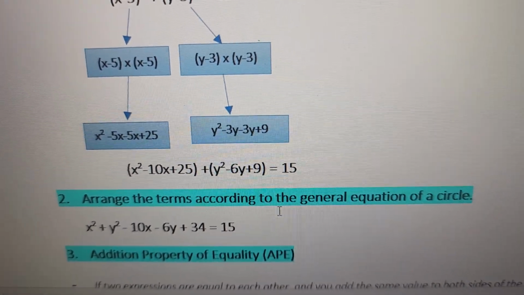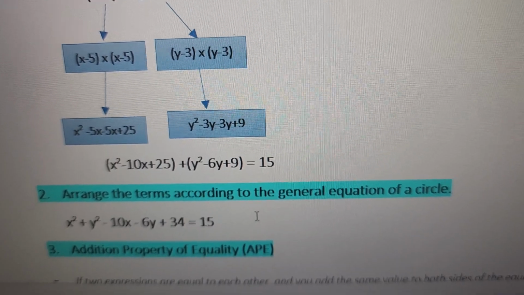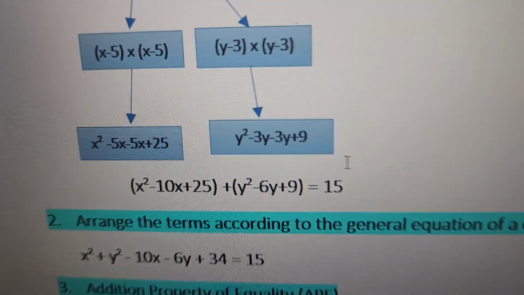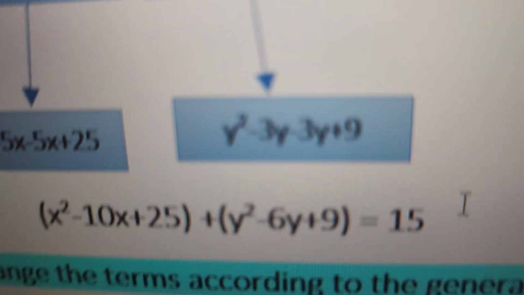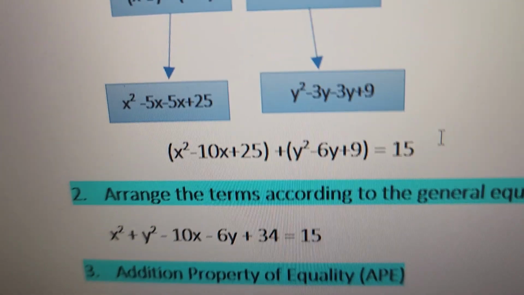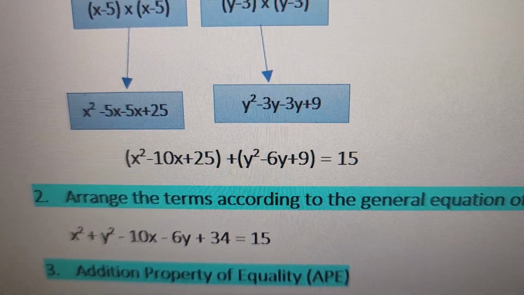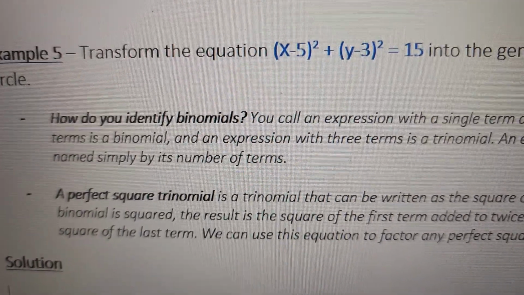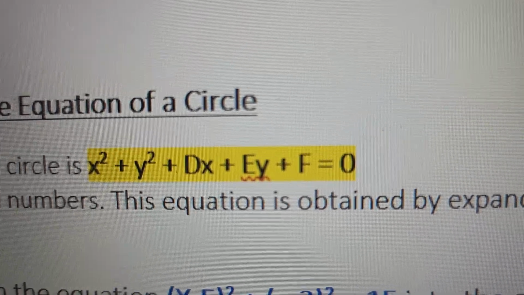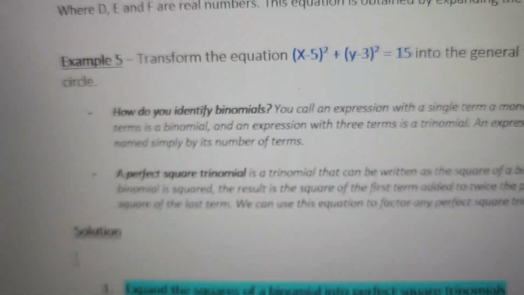Then the next step, arrange the terms according to the general equation of a circle. So now, you will arrange this equation into the general equation of a circle, which is above: x squared plus y squared plus dx plus ey plus f equals 0. Okay?